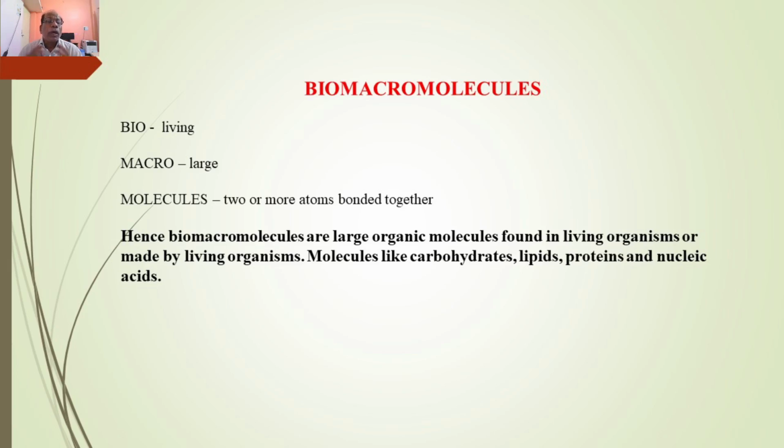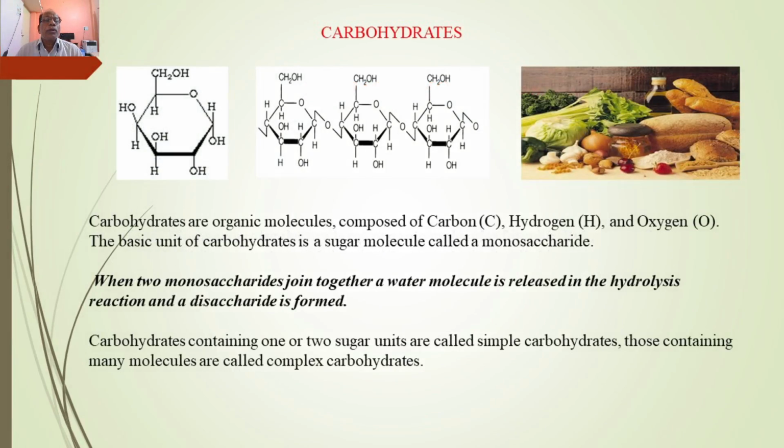So biomacromolecules means the large organic molecules found in, present in, or produced in living organisms. These biomacromolecules are carbohydrates, lipids, proteins, nucleic acids, etc. First we'll explain the carbohydrates as biomacromolecules.